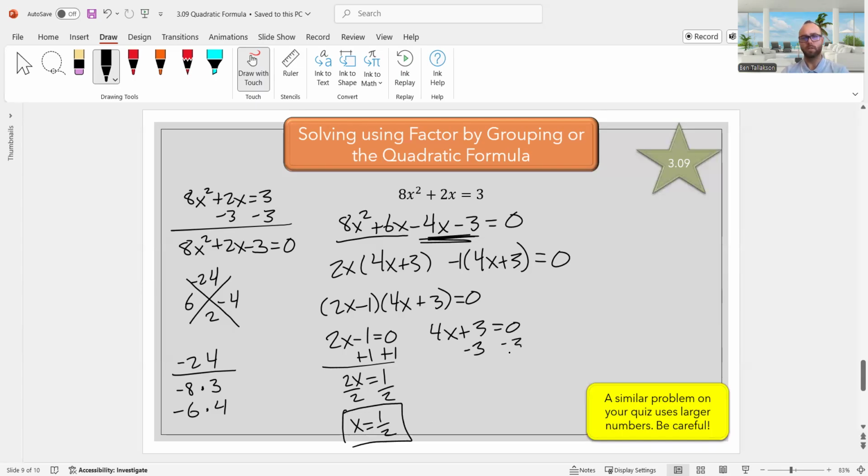What about the other? Looks like we're going to get a negative fraction. X is also -3/4. And don't forget, the highest power of the polynomial tells you how many answers. X squared, 2 means 2 answers.